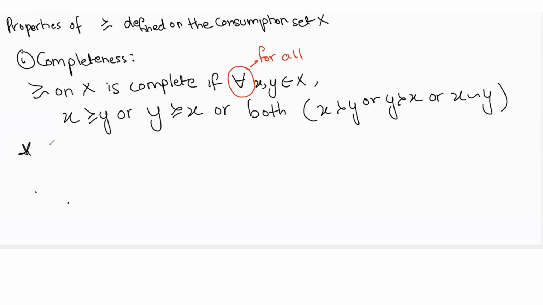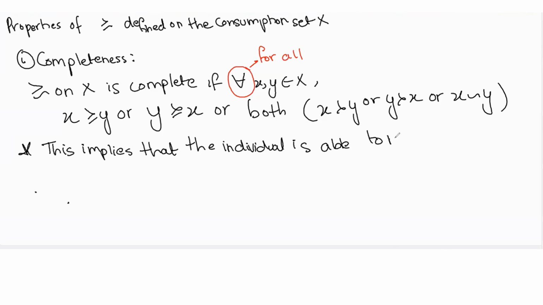Essentially, it implies that the individual is able to rank all bundles. You can either tell whether one bundle is better than the other, or it's at least as good as the other.